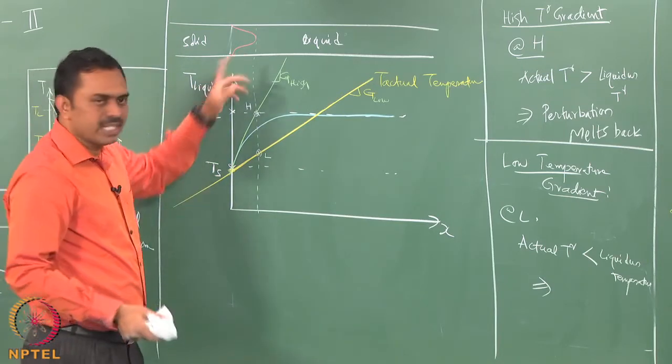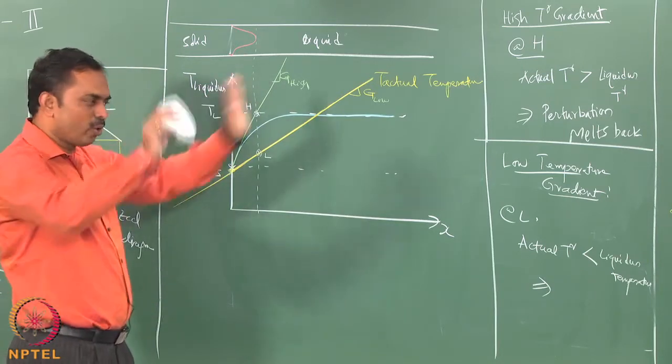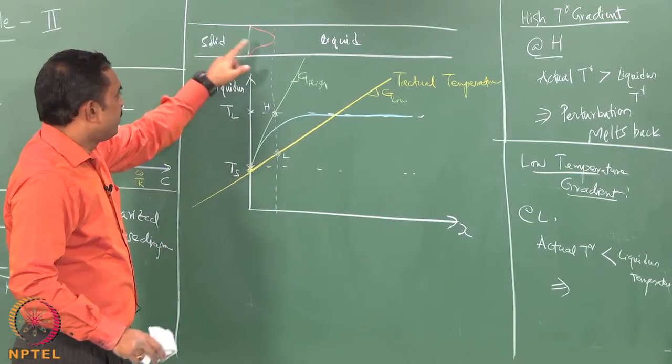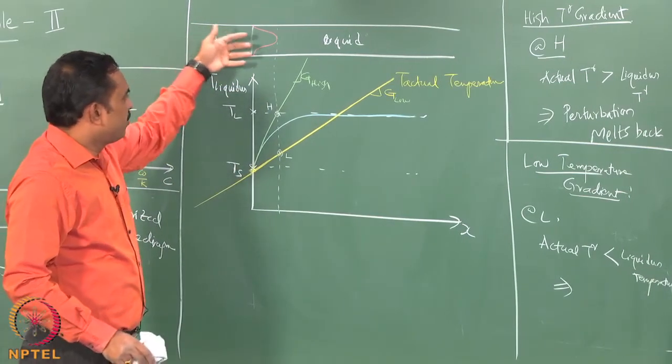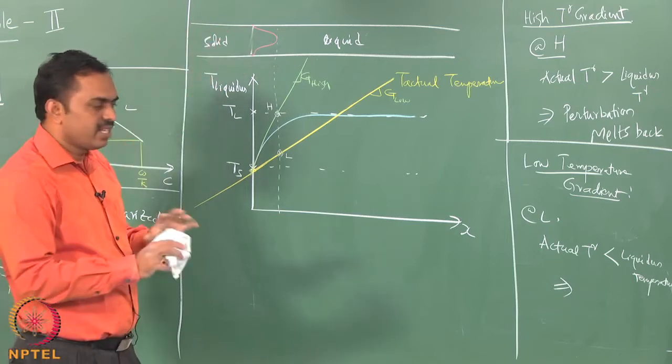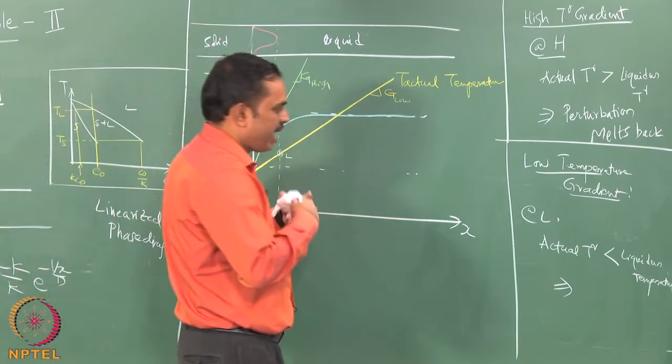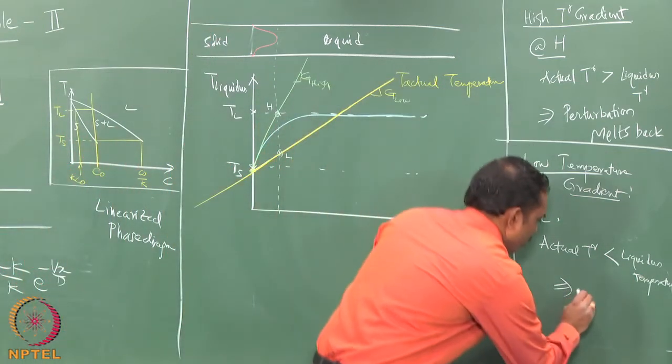That means the bump is now in a condition suitable to grow, which means that this breakage of the planar front of solidification is going to take place and you are going to have a perturbation that is growth.